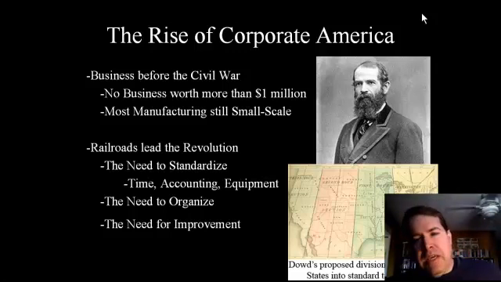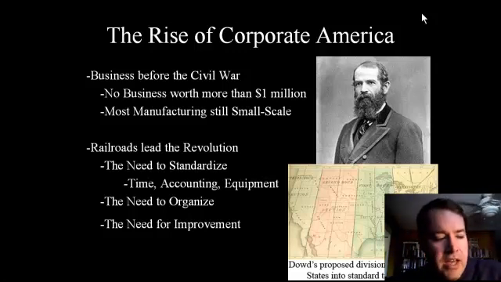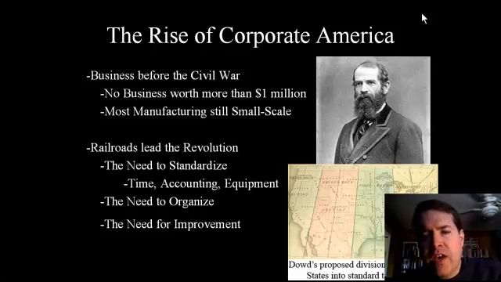Jay Gould will be at the forefront of this idea of printing stock in order to fund his railroad building schemes. Now, Jay Gould will get into trouble because there's no criteria for how this is done. For example, what is the value of a stock? Well, the value of the stock is a combination of the value of the company as a whole plus how many shares of stock are in circulation.